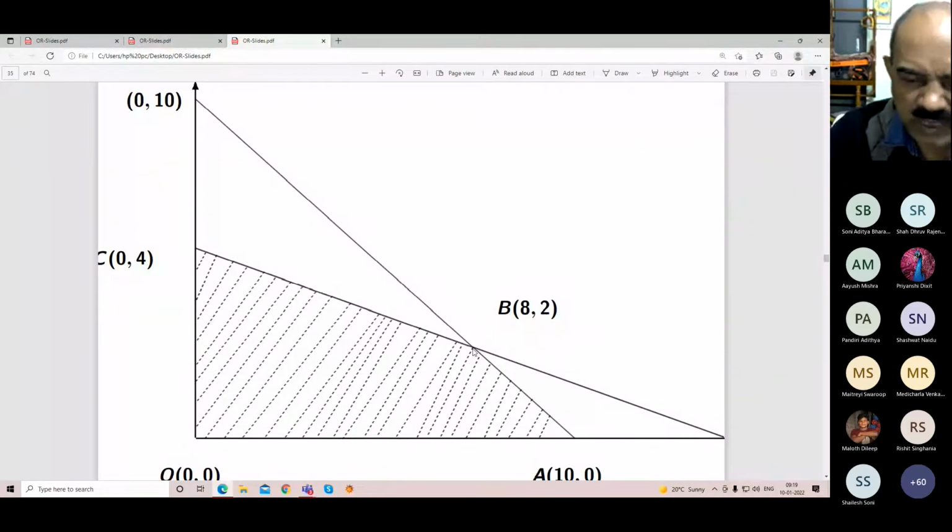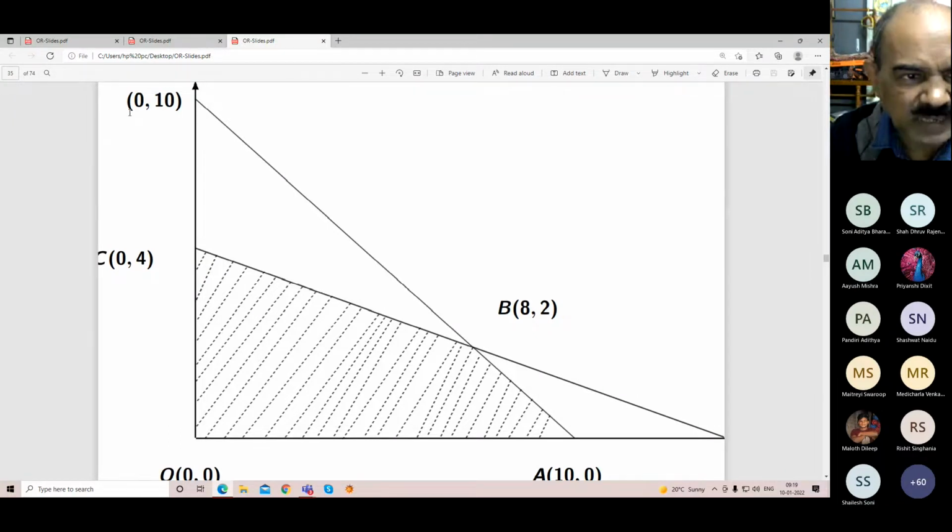So how many extreme points? It has 4 extreme points. This feasible region has 4 extreme points: one is O, another is A, another is B, another is C.